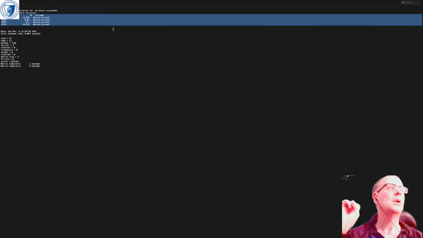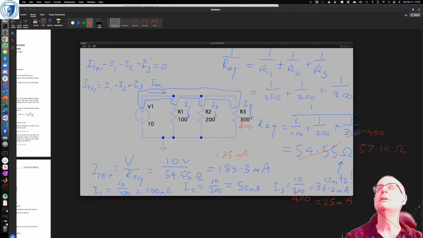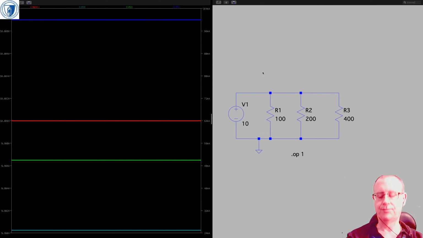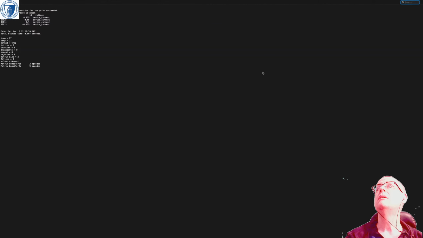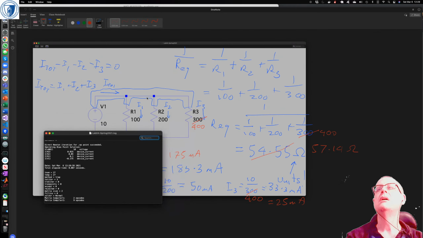This is just a nice way of getting a quick snapshot of what's on this screen. Sometimes it's a bit hard to read exactly what the different currents and voltages are on the graph, whereas if you do look at the operating point, it'll tell you the numbers in that other window. Right, that one. Oh, and there we go.